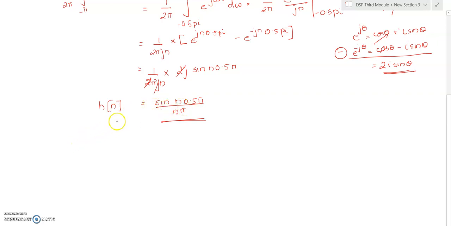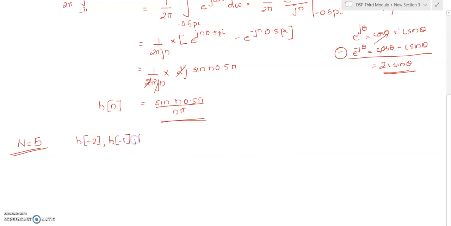What we need to do next is find out the coefficients of h of n. Now you have a part in your question where your capital N is equal to 5, which means your h of n will contain 5 samples, from the range of minus 2 to plus 2.